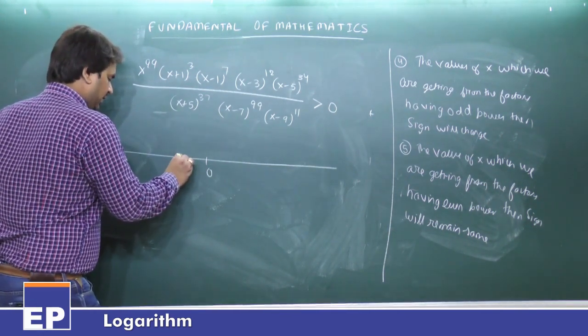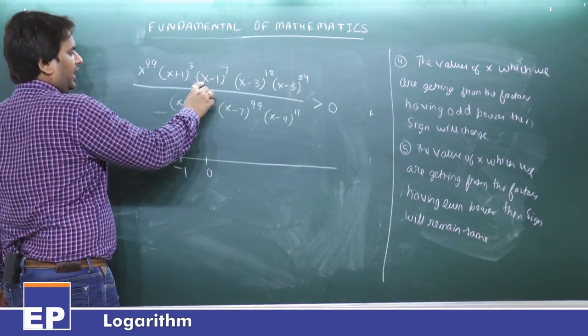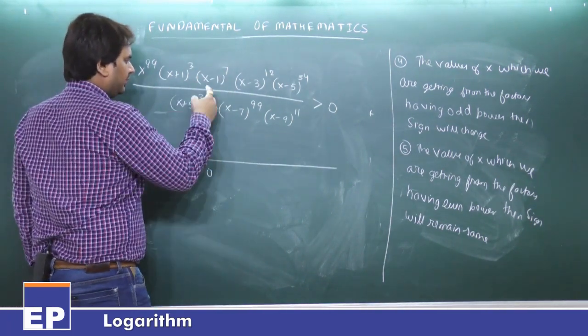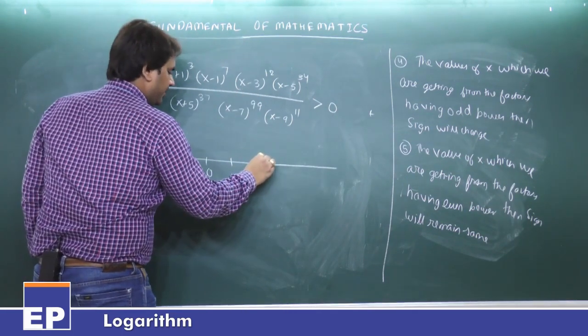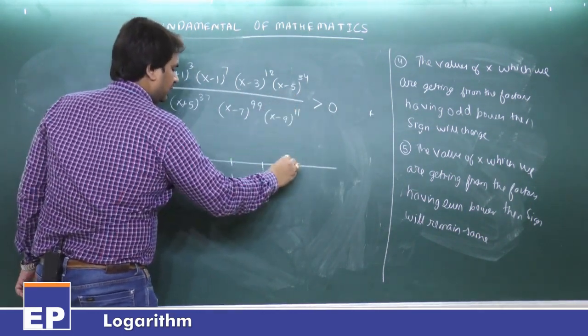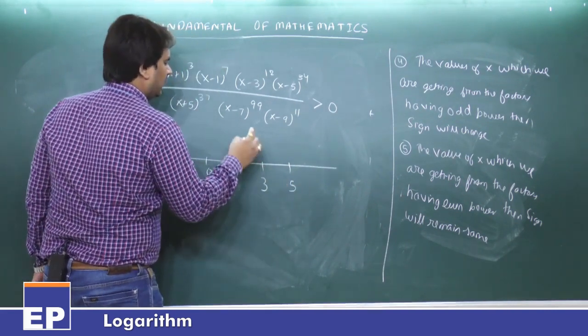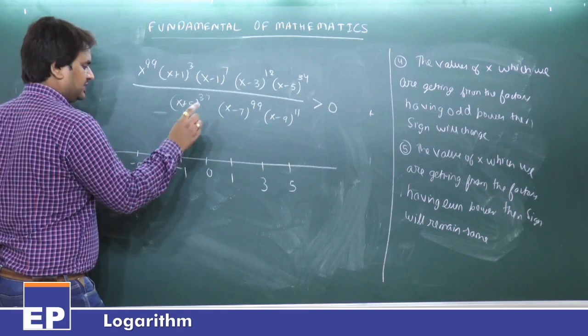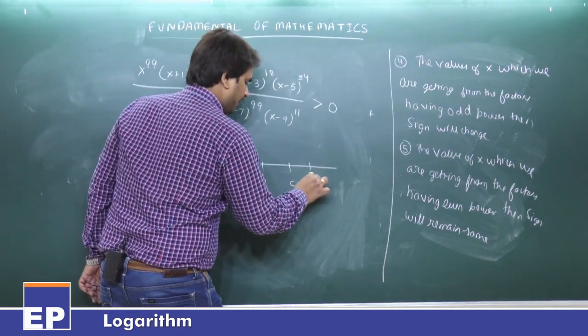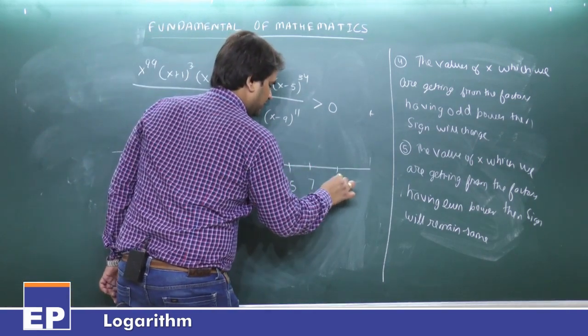That is -1. X minus 1 to the power 7, we will get x is equal to 1. Next is 3. Next is 5. Next is what? -5. I am getting -5 here. Then is 7. And the last value is 9.